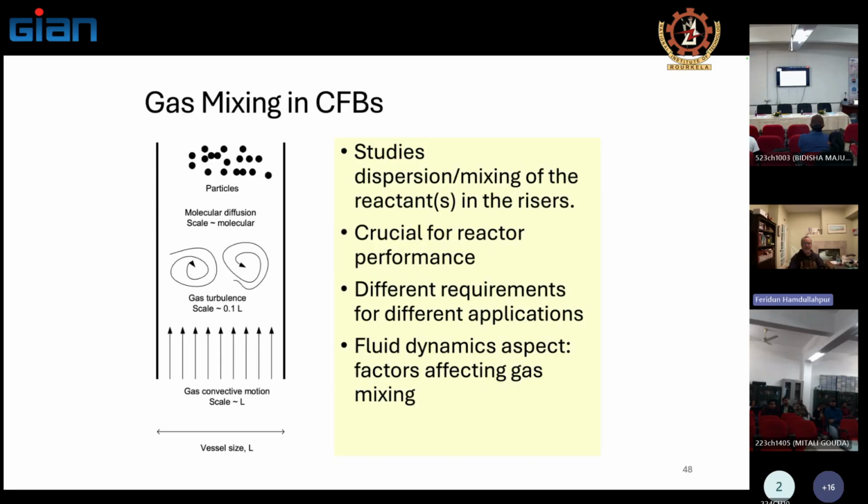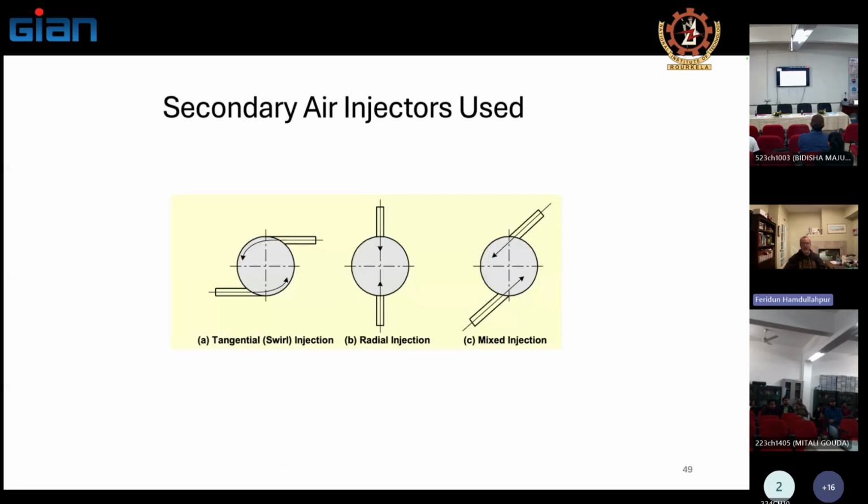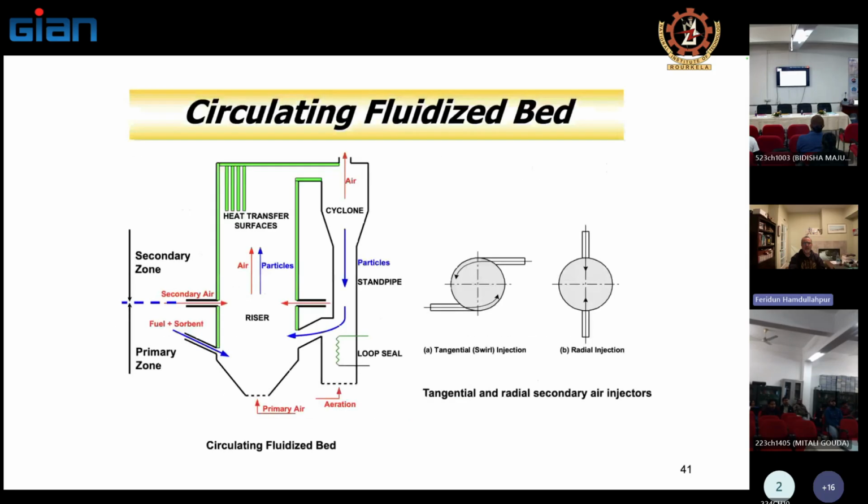But as for the mixing, we can introduce tangential swirl injection, radial injection, or a mix of it, so that it will give additional mixing of air that will enhance both heat transfer and mass transfer. So this thing started years ago when they had one of the first boilers.